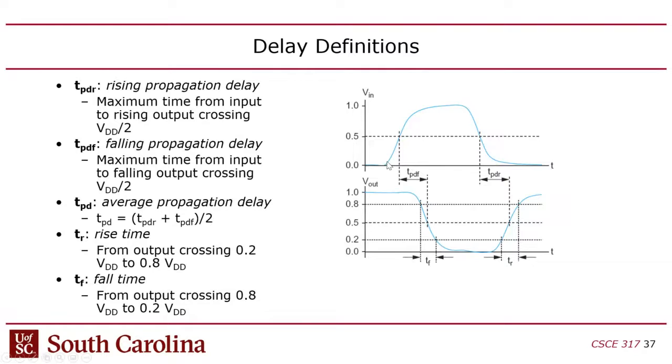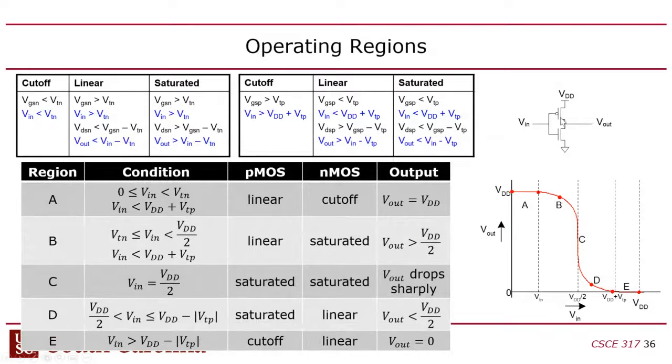You'll notice that it takes longer. Well, actually, it looks about equal, doesn't it? In my experience designing chips and doing transistor level simulations, usually the rise time is a little slower than the fall time. Why?